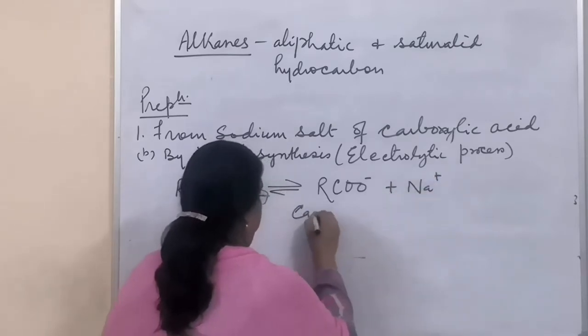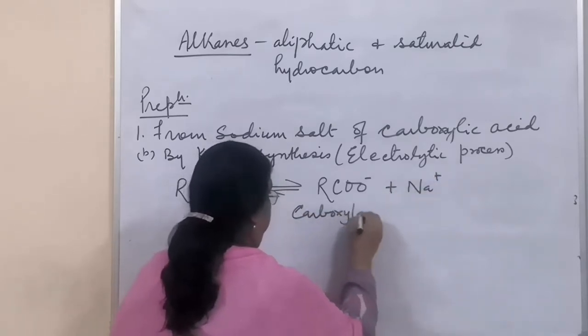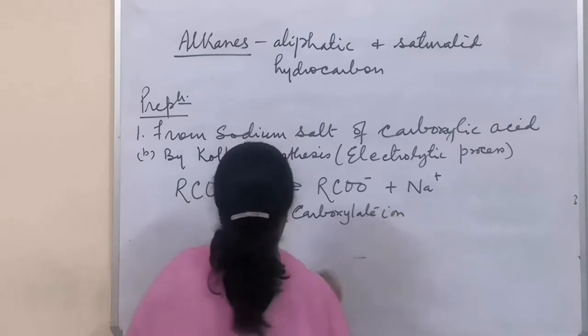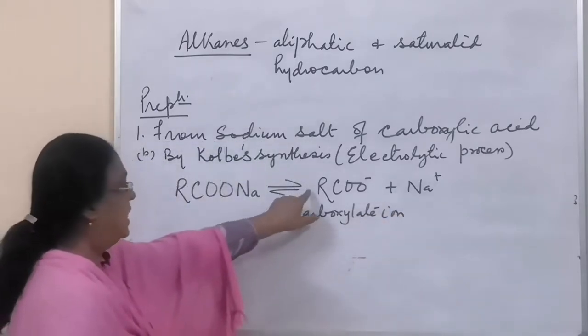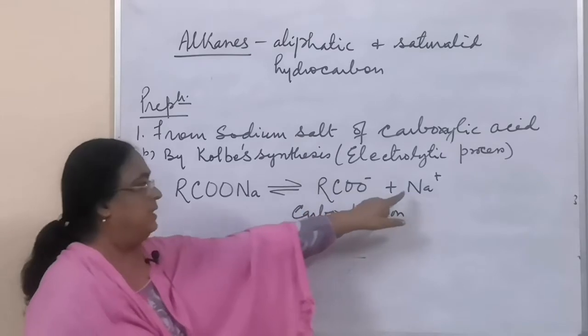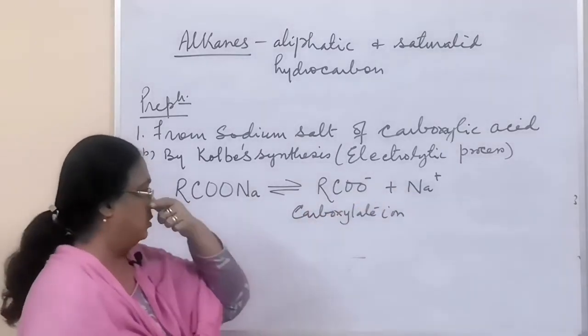The carboxylate ion will be attracted at the anode and the sodium ion at the cathode.